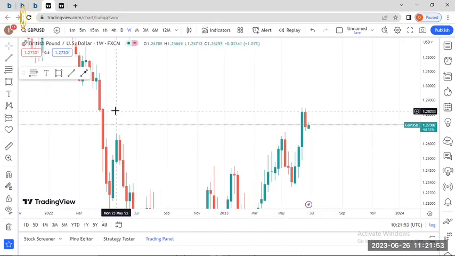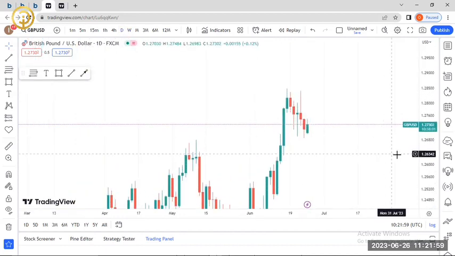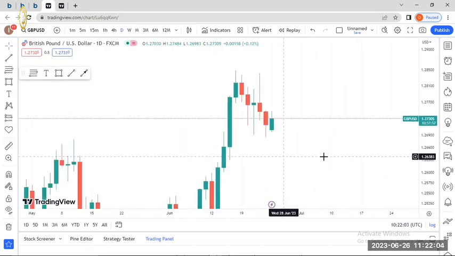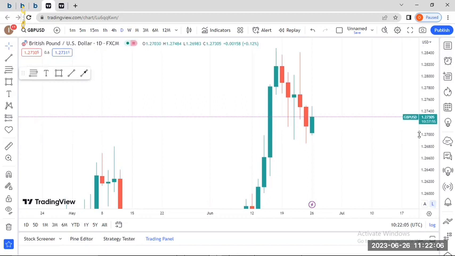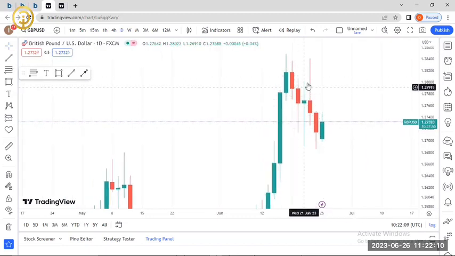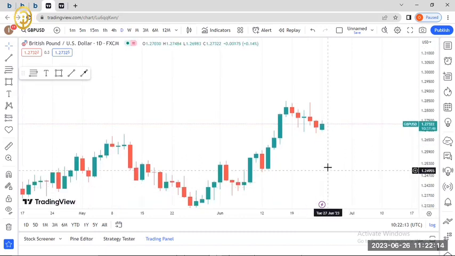It even filled up this weekly fair value gap. So that was why, as at last week, I told you all about GBP, that I was avoiding it at that particular point because I was naturally expecting a deep retracement to the downside before we can continue the buys.